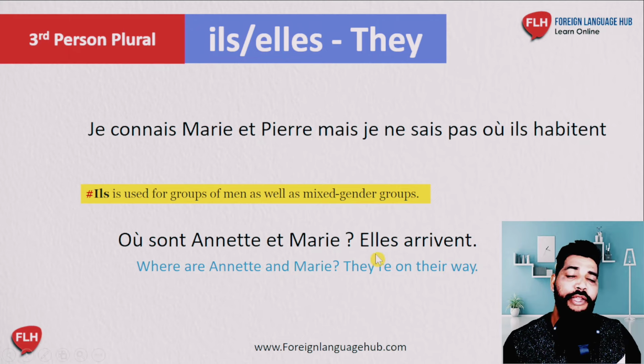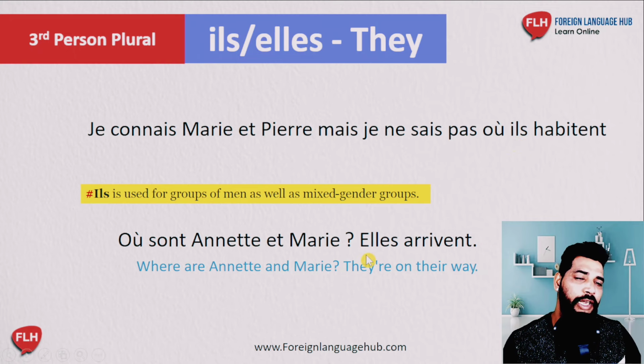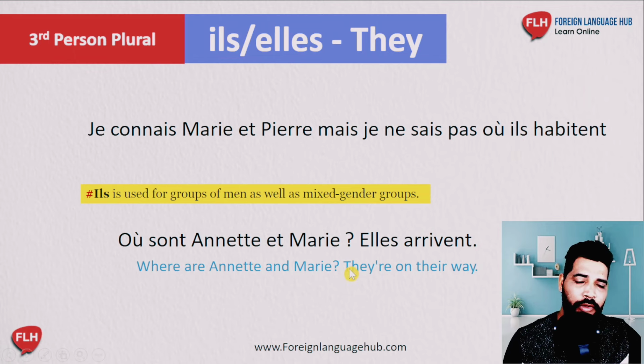Elles will be used only for a group where no male is there. If even a single male is there, then we will refer to them as ils. Otherwise, for a female group, it will be elles. Ils, elles. That's all about third person plural.